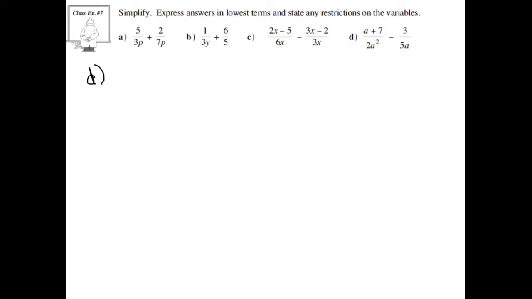D, we have the denominators 2a squared and 5a. The lowest common denominator is going to be 10a squared.